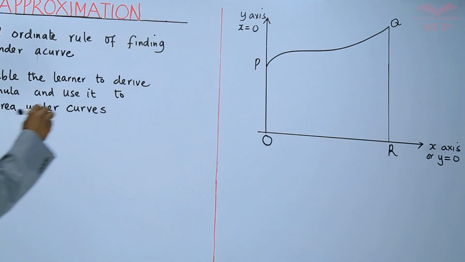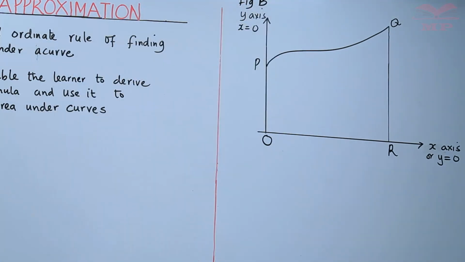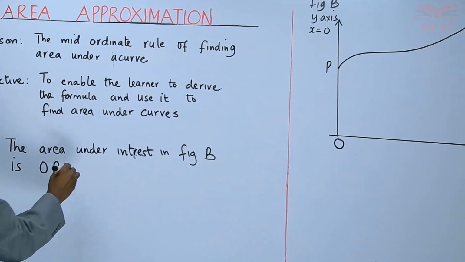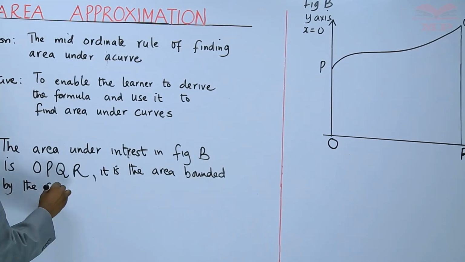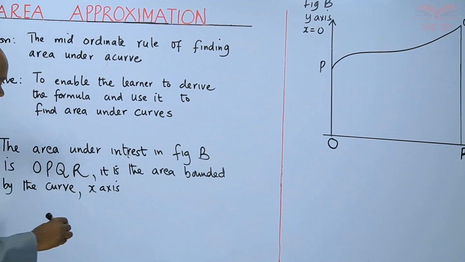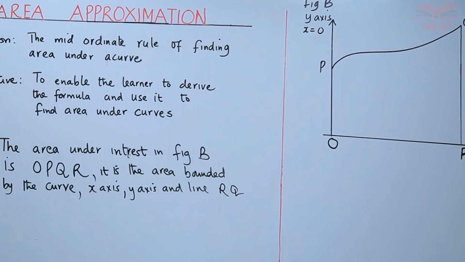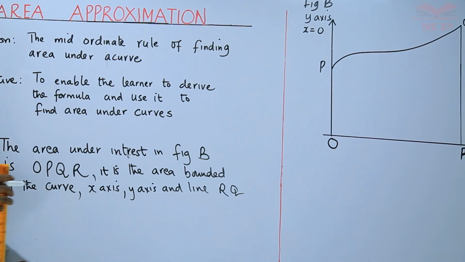So in figure B, it is the area bounded by the curve, the x-axis, the y-axis, and line RQ.